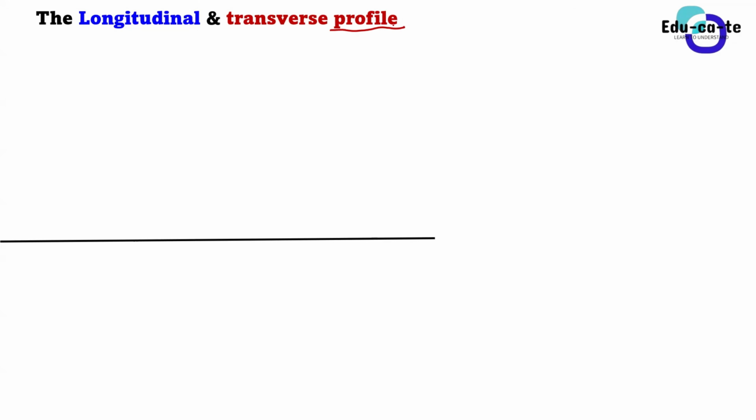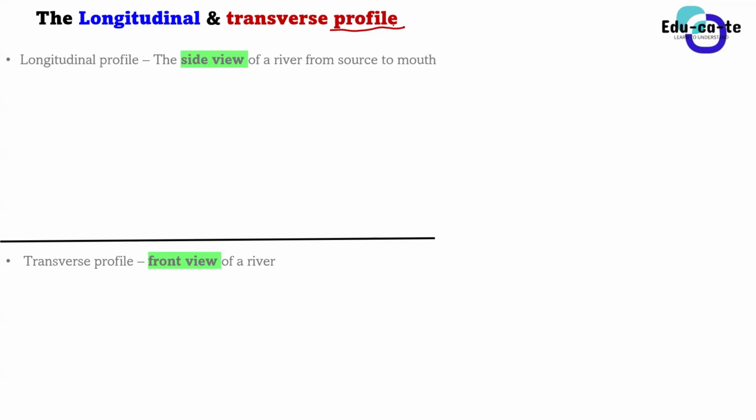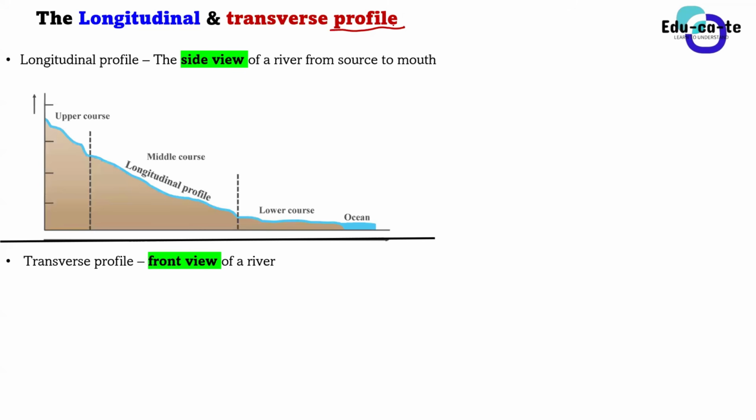Okay, so in geography, we look at two important profiles. We have got a longitudinal profile. We also have got a transverse profile of a river. Two profiles, a longitudinal profile as well as a transverse profile of a river. So now, a longitudinal profile is the side view of a river from source to mouth.